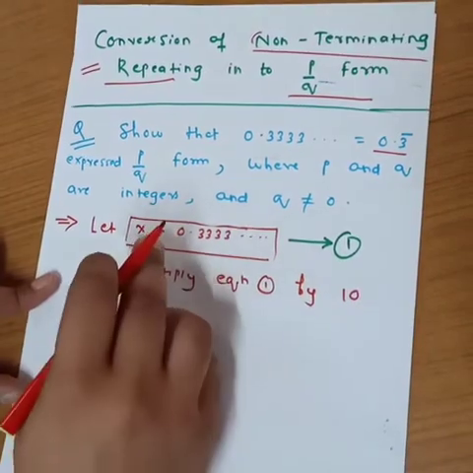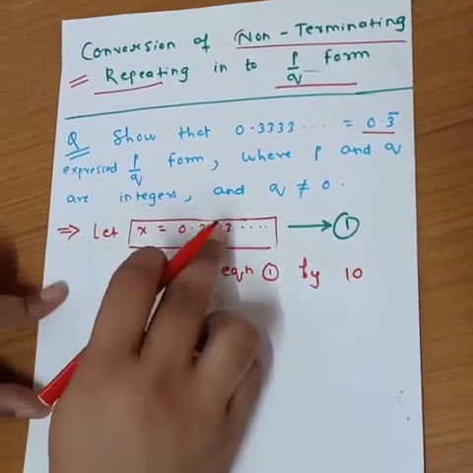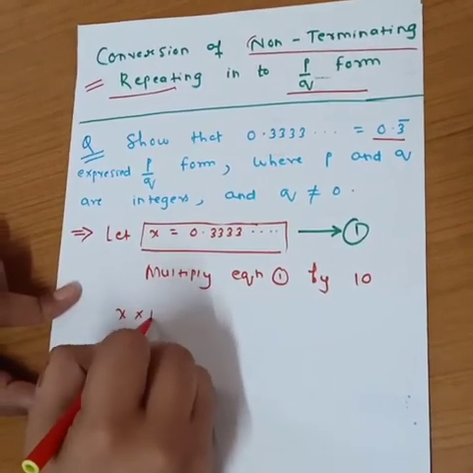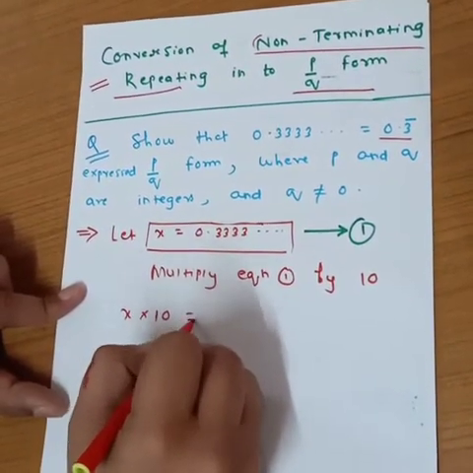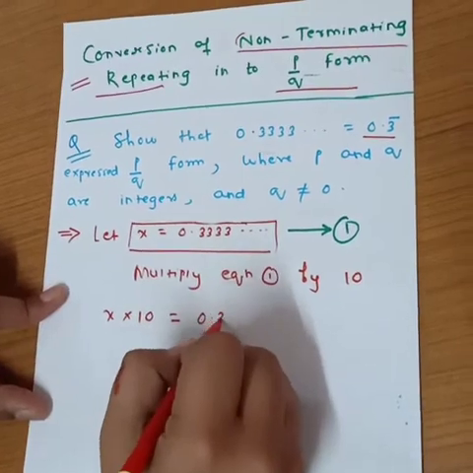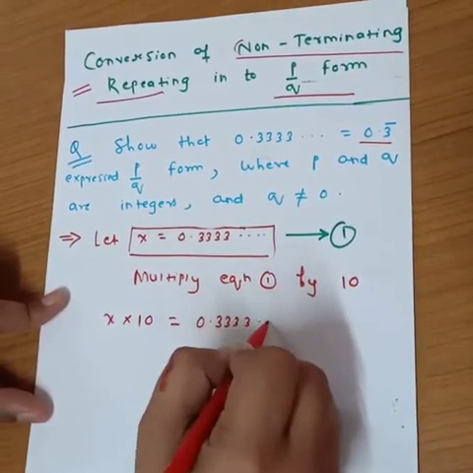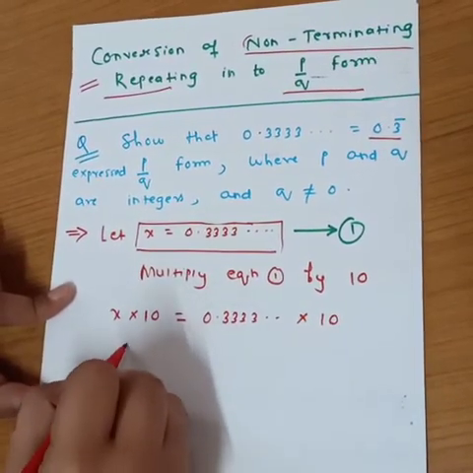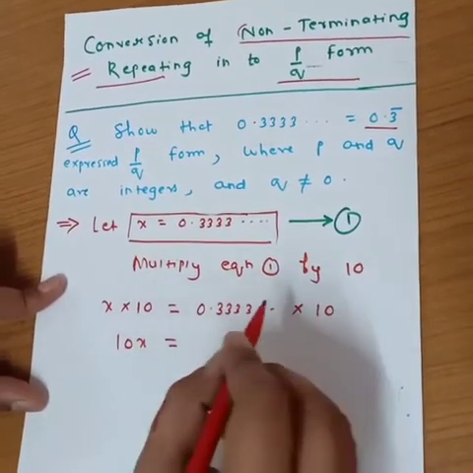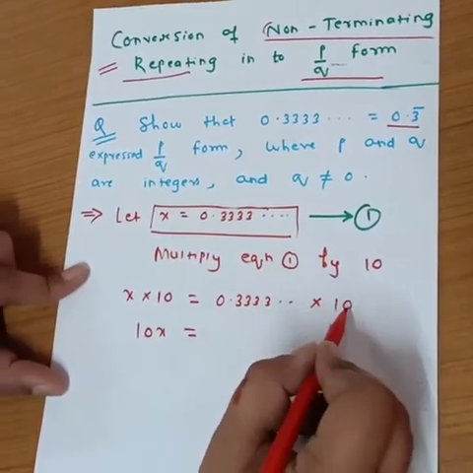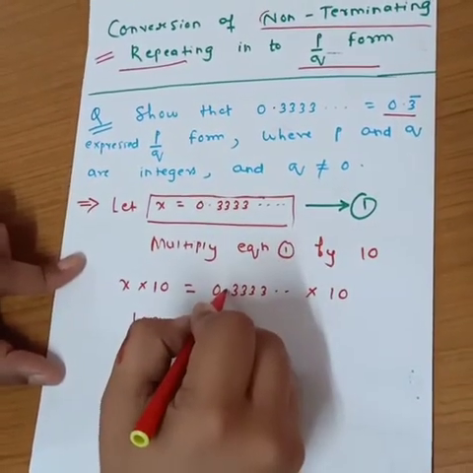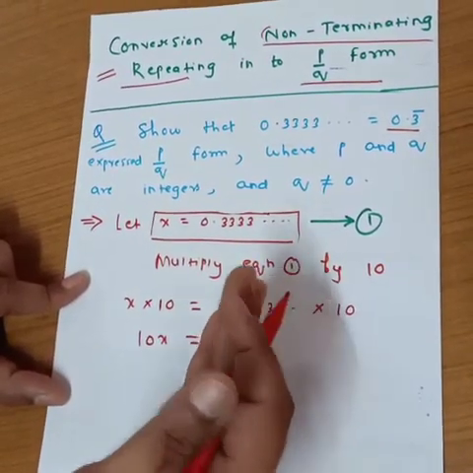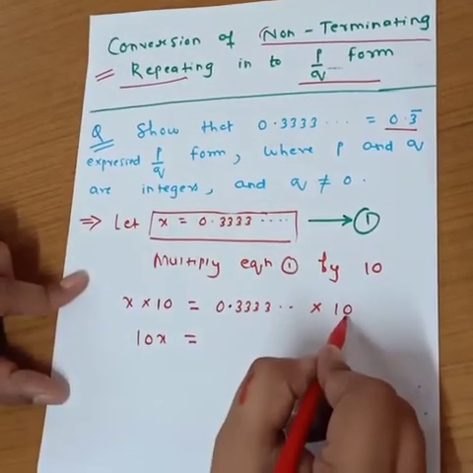Whenever you multiply, you multiply the left side and the right side also. The left side is x, so x multiplied by 10 is 10x. And what about 0.333 and so on into 10? When you multiply any decimal number by 10, one digit will come to this side of the decimal.